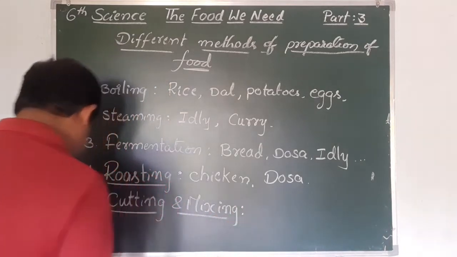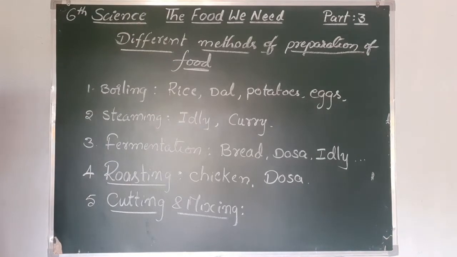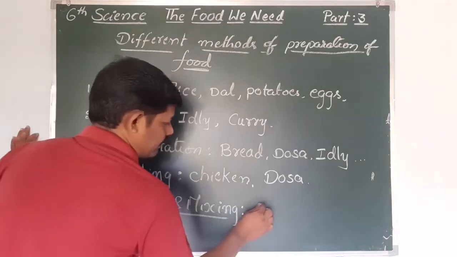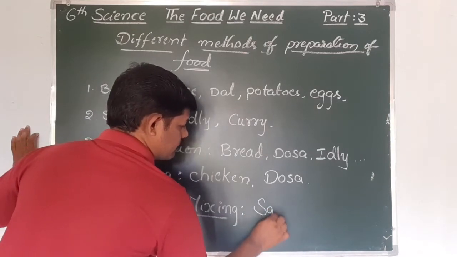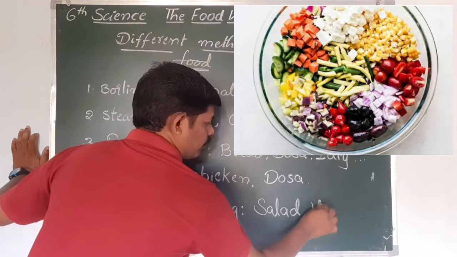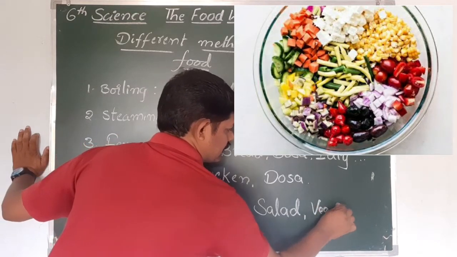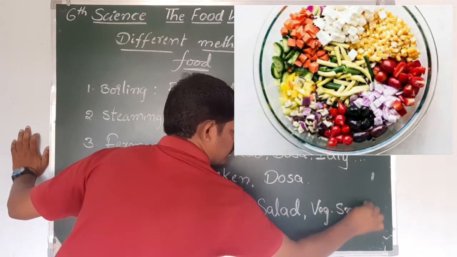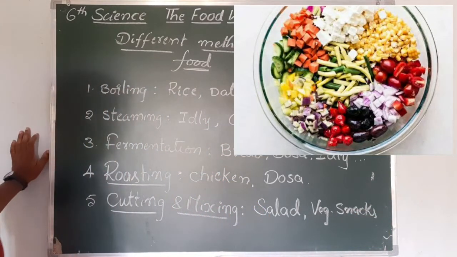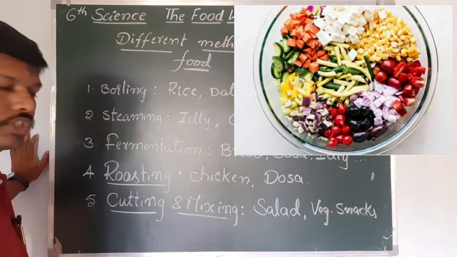What food items do we prepare by cutting and mixing? Fruit salad and vegetable snacks. So you can write salads, fruit salads and vegetable snacks. We use this method, cutting and mixing.